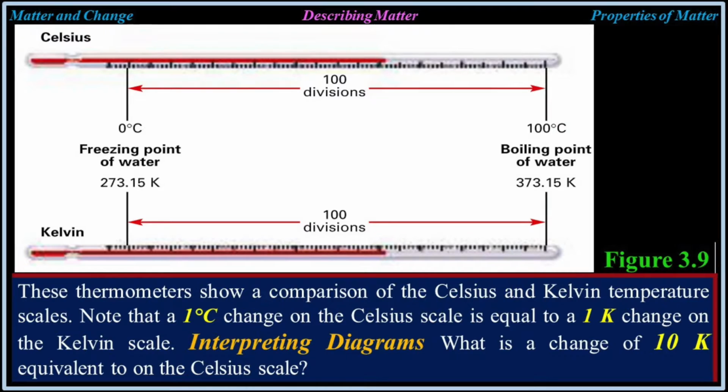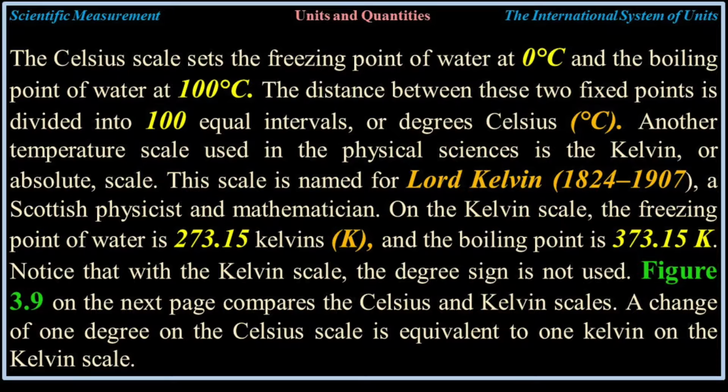Interpret diagrams. What is a change of 10 Kelvin, 10 K, equivalent to on the Celsius scale? 10 degrees Celsius. The Celsius scale sets the freezing point of water at 0 degrees Celsius and the boiling point of water at 100 degrees Celsius.